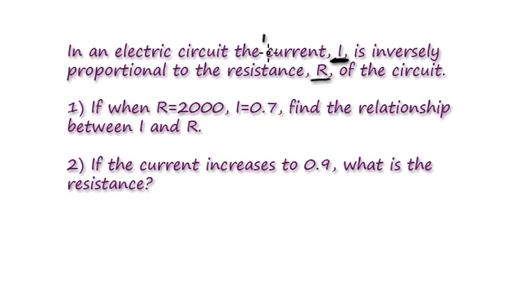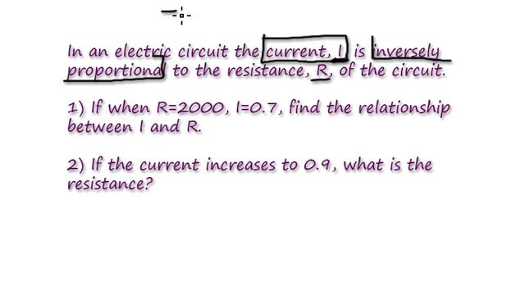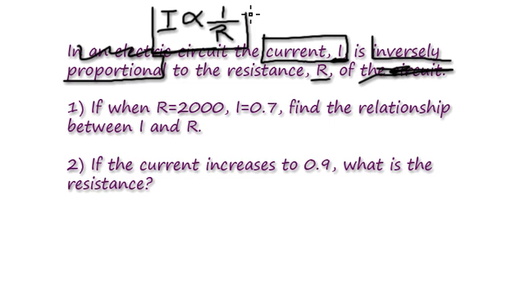All that we know is that we can extract this: the current I here is inversely proportional to the resistance R. And then blah, blah, blah, we don't really care about this. But basically it boils down to I is inversely proportional to the resistance. Okay.